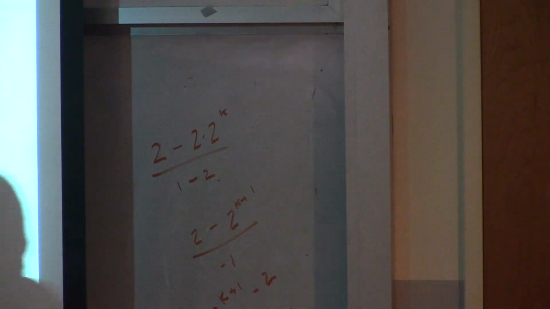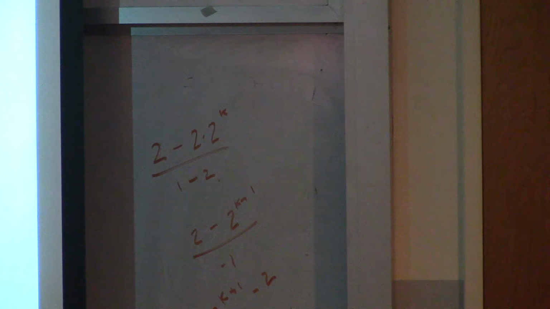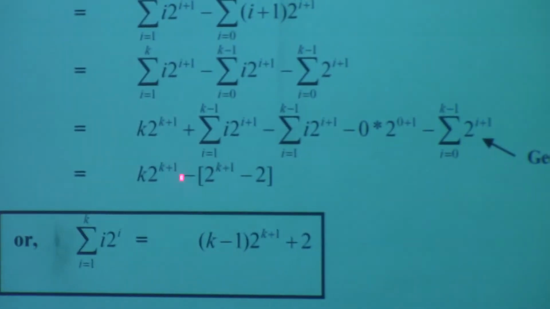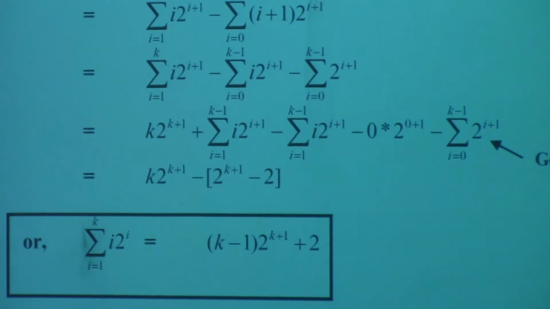You see over here, 2 to the k plus 1 minus 2, right? So k of this minus 1 of these, k minus 1 of this exponential plus 2. Done. Okay?